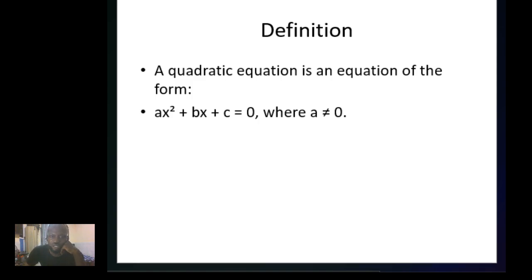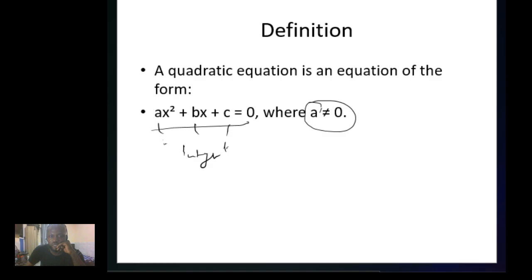So one thing you should know is this: a, b, and c are all integers. And what do we call integers? Integers are numbers that can either be positive or negative. And once a is equal to 0, this whole thing is not going to be a quadratic equation again.